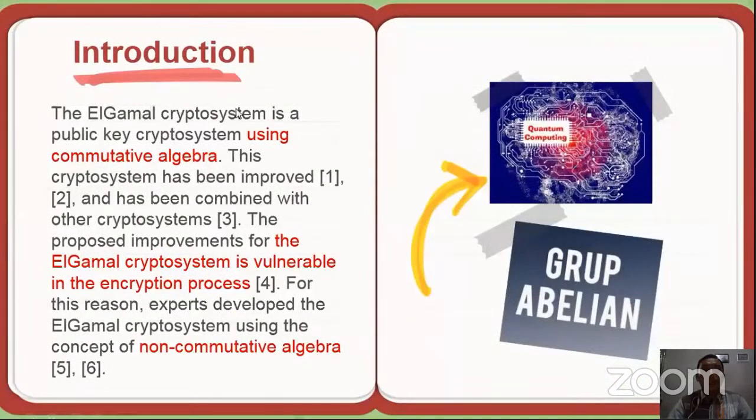The ElGamal crypto system is a public key crypto system using commutative algebra. This crypto system has been improved and combined with other crypto systems. The improvements to the ElGamal crypto system are vulnerable in the encryption process.